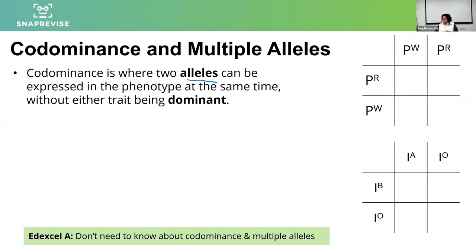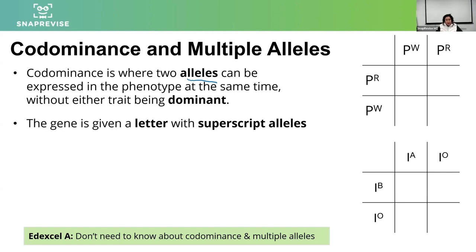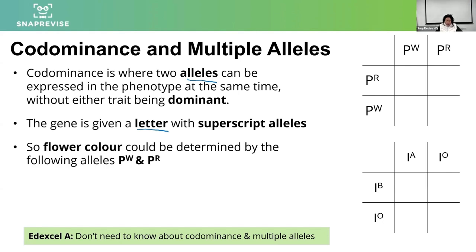So let's consider the following example, where we are going to write the alleles a little bit differently. We'll usually write a letter with a superscript on the allele, just to indicate that there's codominance happening. So let's consider this example of flower color.